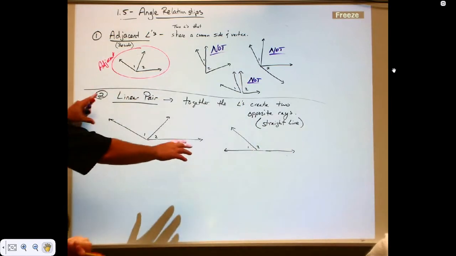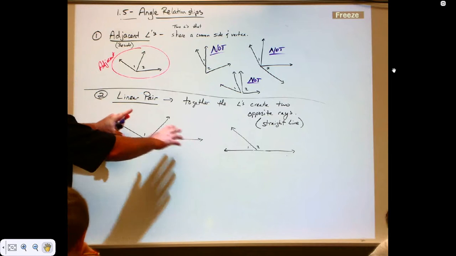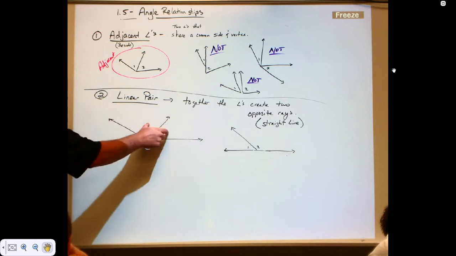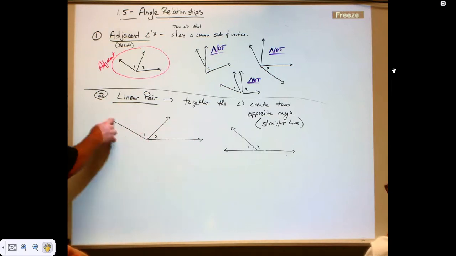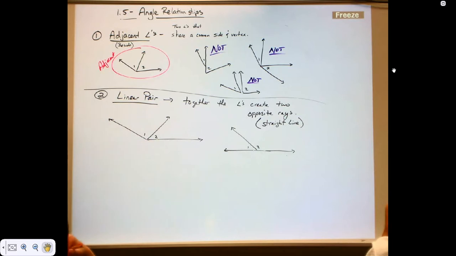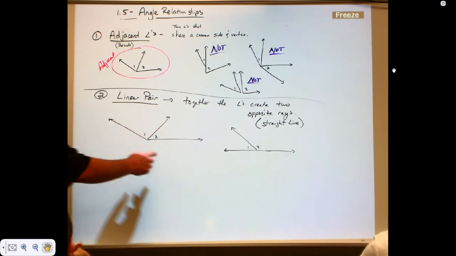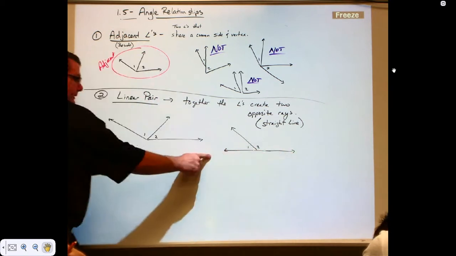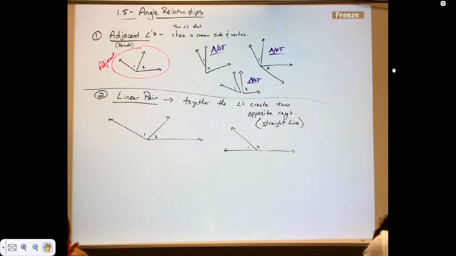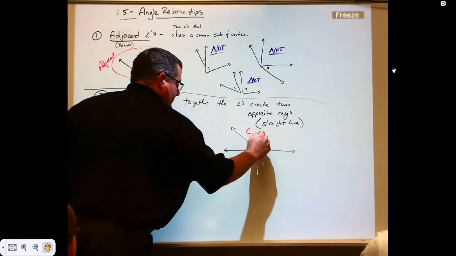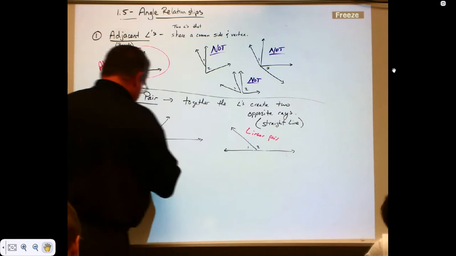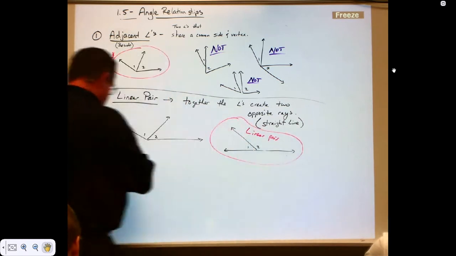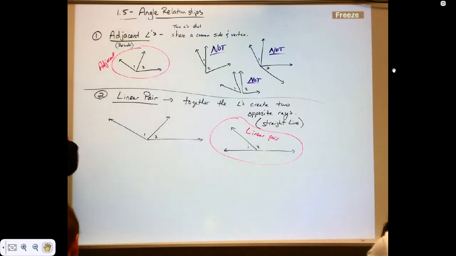I have these two angles here. Everybody look up here. And I scooted them together. When I combined them, crooked line, right? That wasn't perfectly straight, right? So these two aren't a linear pair. However, when I scooted these two together, what happened? Created a what? That's why they're a linear pair. So these are a linear pair. These are not a linear pair.